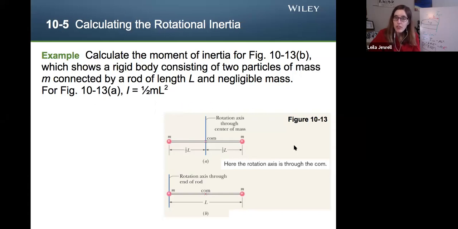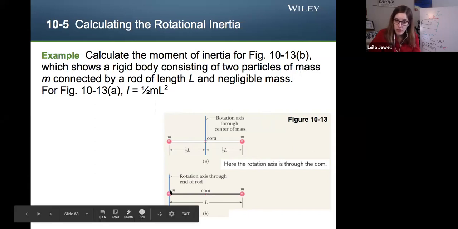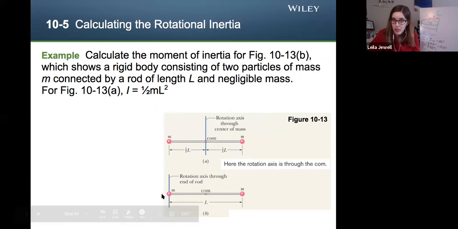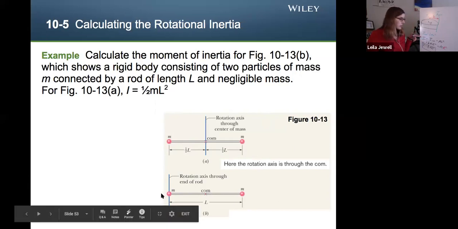Well, it turns out there's two different ways we can approach solving this, and they're both valid. Since we know the rotational inertia for part A, which is about the center of mass, we're able to find it for part B because we notice the rotation axis has just shifted from the center of mass to a new axis. So hey, we can apply our parallel axis theorem here.